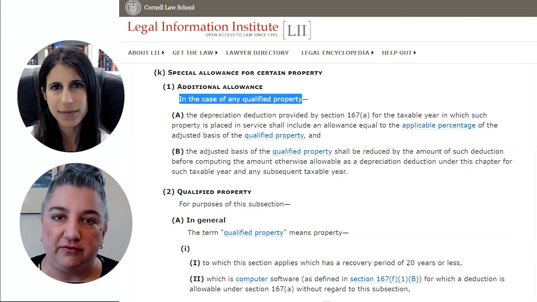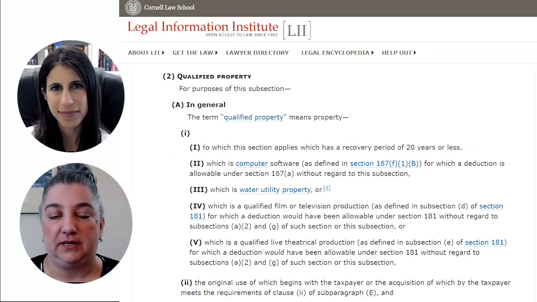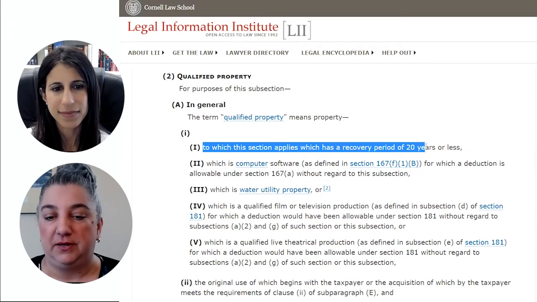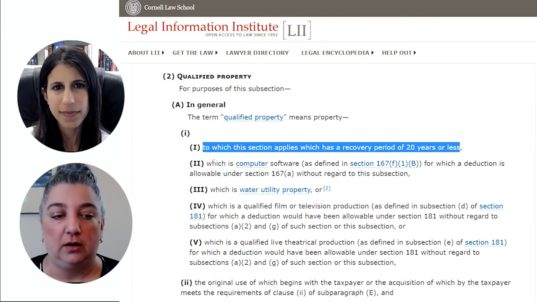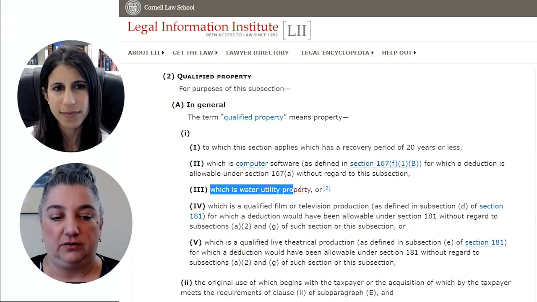When you see the word qualified, you should be looking for a definition because that means qualifying property. It has to be property to which Section 168 applies that has a recovery period of 20 years or less, or is computer software or water utility property or various other things.